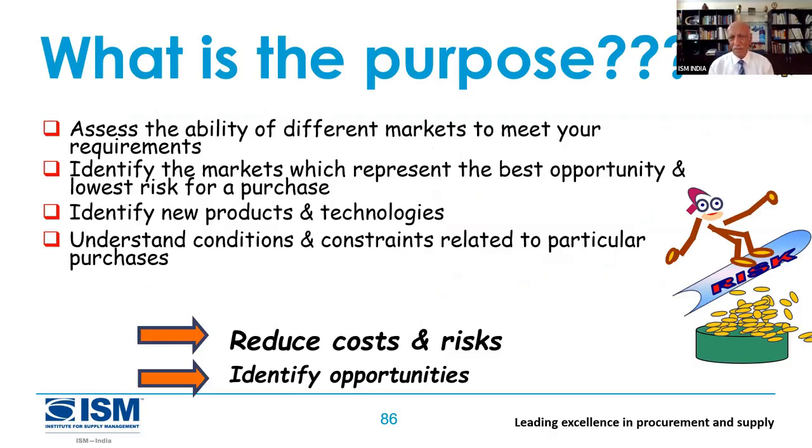Understand the conditions and constraints in particular. The overall objective should not be lost when you reduce the cost. If I'm finding a supplier in South Africa, and a supplier in Brazil or Mexico, then one has to see what the potential risks are.